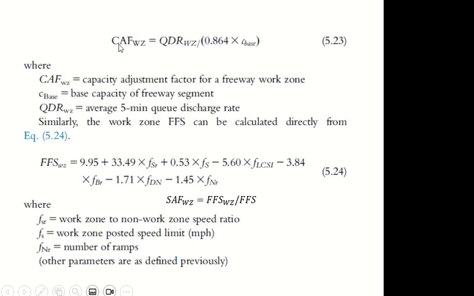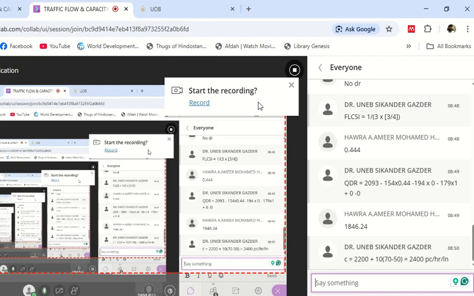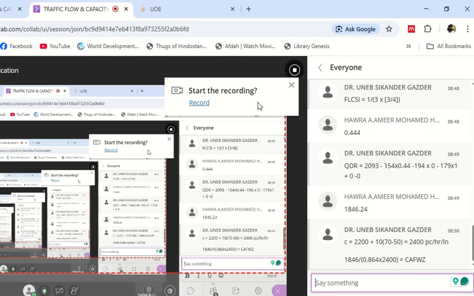Now I calculate the capacity adjustment factor for the work zone. How much is that? 1846.864.